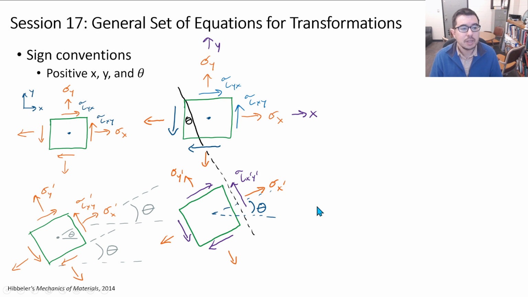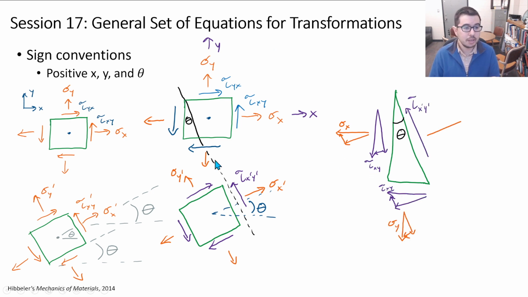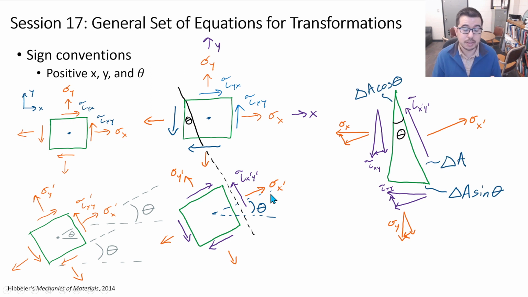And of course, we get our general set of equations for transformation from doing equilibrium on a triangular element, or actually on a couple of triangular elements, performing equilibrium on forces. These stresses are acting over areas, as we've seen here, and we have this delta A cosine face and delta A sine face.